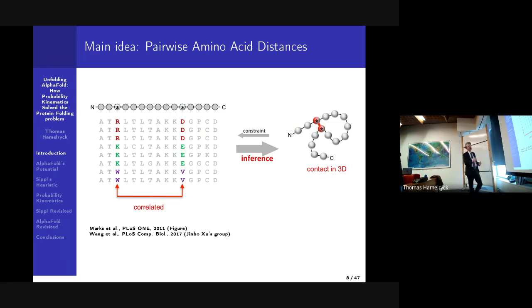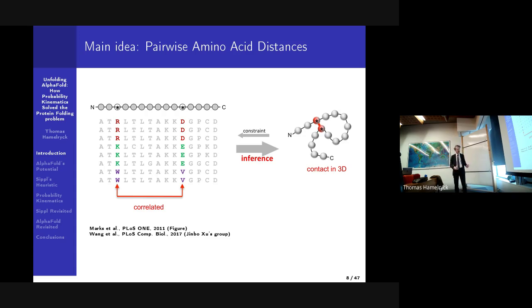And if you take a look at the 3D structure, sometimes amino acids will be close together. Now, if they are close together, then they will also mutate together. So by investigating the pattern of mutations, you can note that every time this amino acid mutates, this other amino acid mutates in tandem. And if you pick up these types of patterns, then you can actually infer the three-dimensional structure.